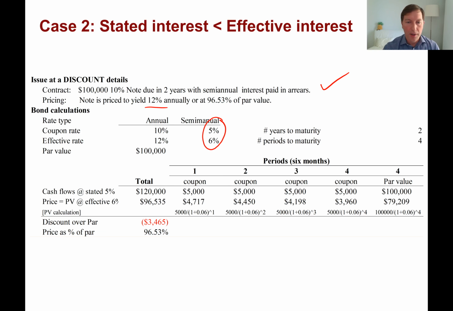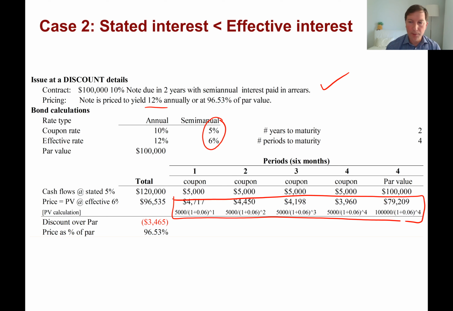Each of these quantities is going to be a little bit lower. When we add up all these present values, we get 96.5 thousand. So this bond is going to be sold for 96.5 thousand to investors who use 12% for pricing, right?